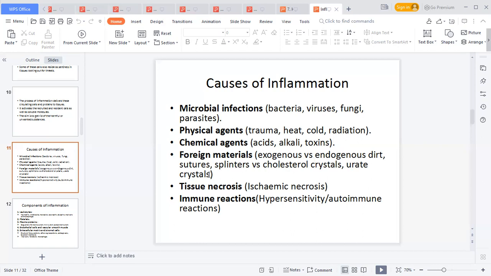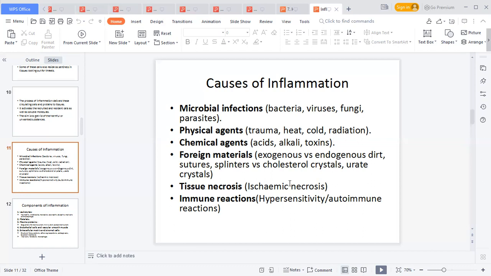Tissue necrosis can also lead to inflammation, for example ischemic necrosis. Ischemia means diminished blood supply, hypoperfusion. When that happens, the body senses that something is missing, so it activates the inflammatory response, and the same vascular and cellular events occur so that the damaged tissue can be removed.